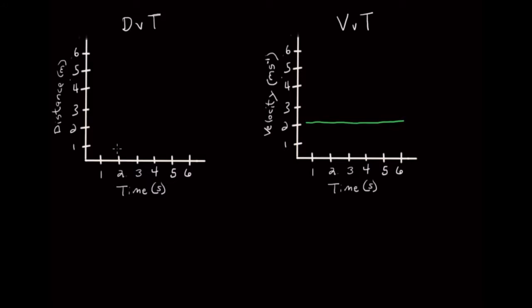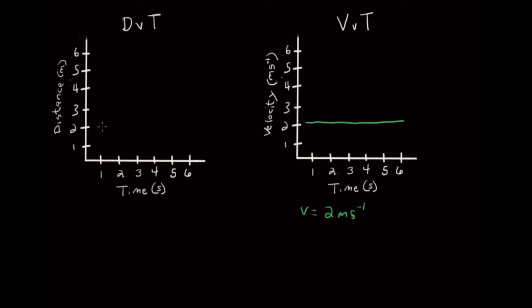Okay, so it's actually very simple. This is very constant, so every second I'm going to move 2 meters, right? Velocity equals 2 meters per second, so every second I'm moving 2 meters.